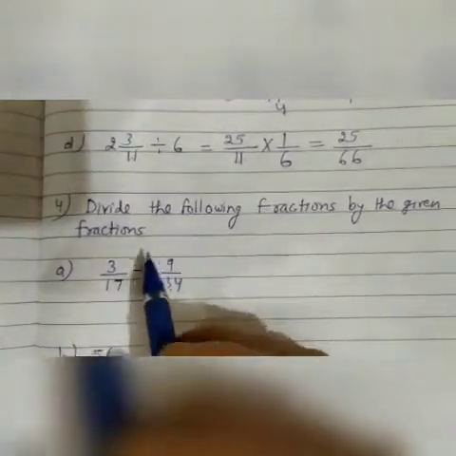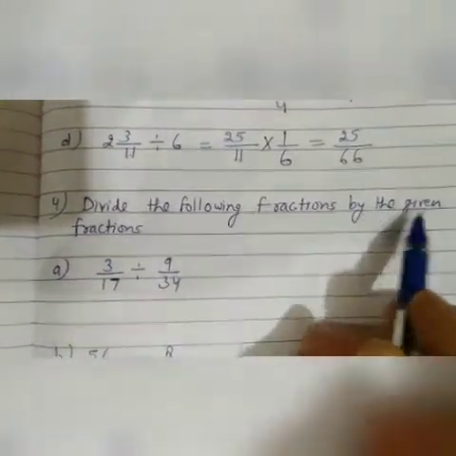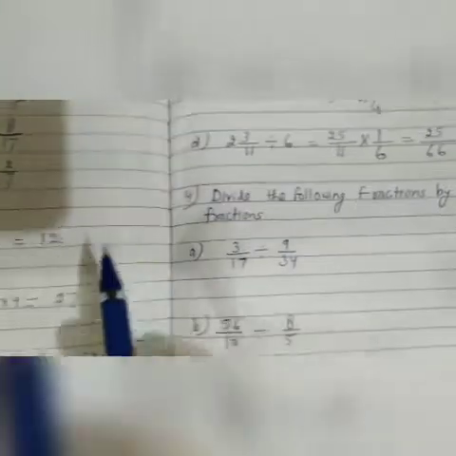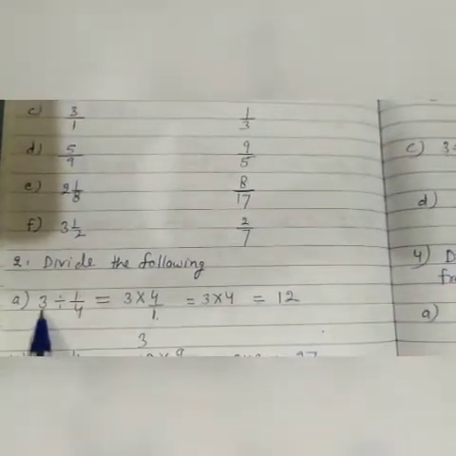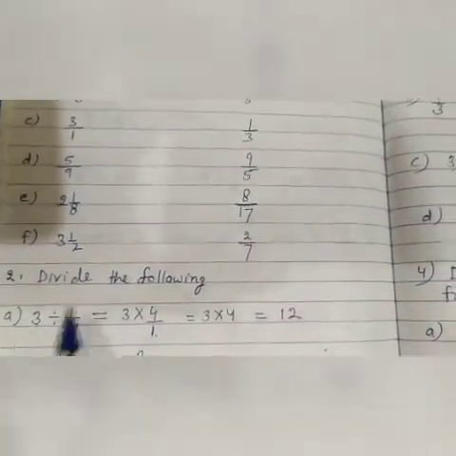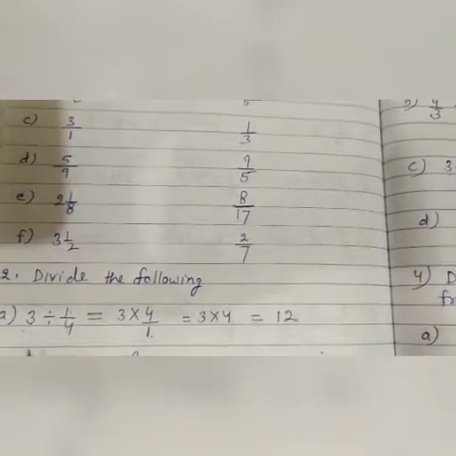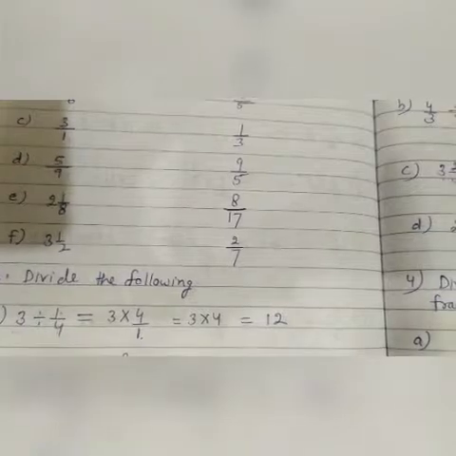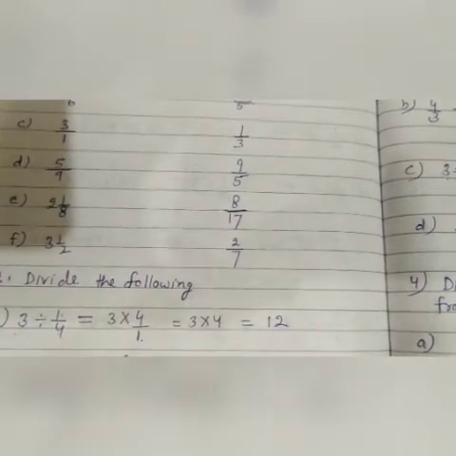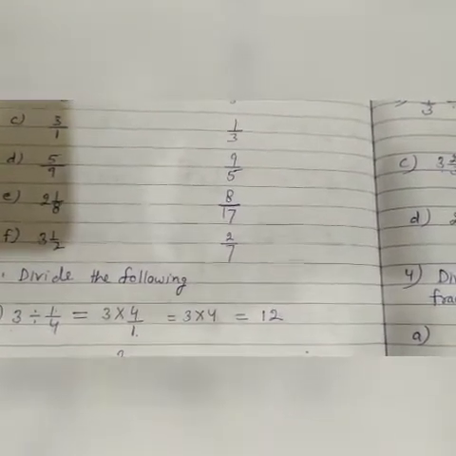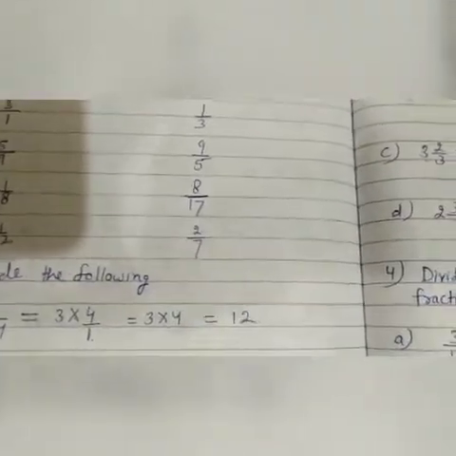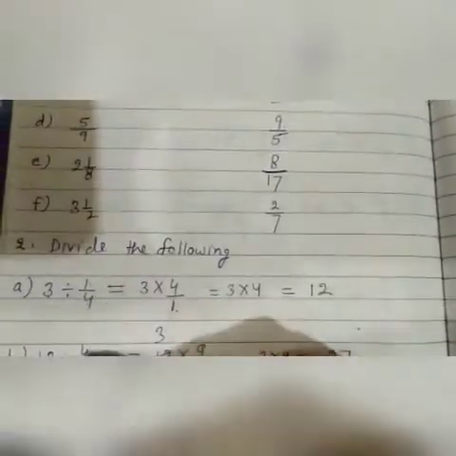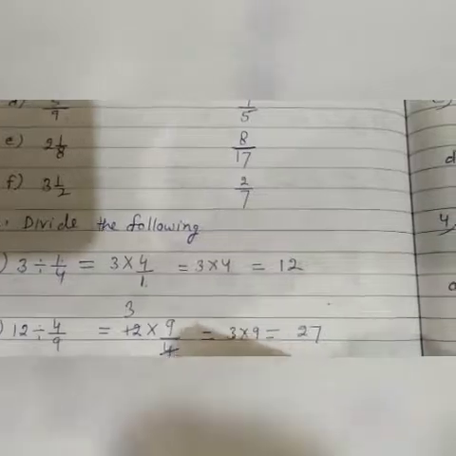Last question of this exercise. Divide the following fractions by the given fraction. See students, here the first number is a whole number. In the second question, we have divided the whole number by a fraction or by a mixed number. The first number is a whole number in all 4 parts, and the second number is a fraction or mixed number.